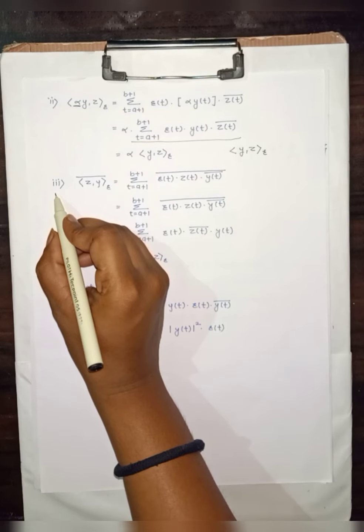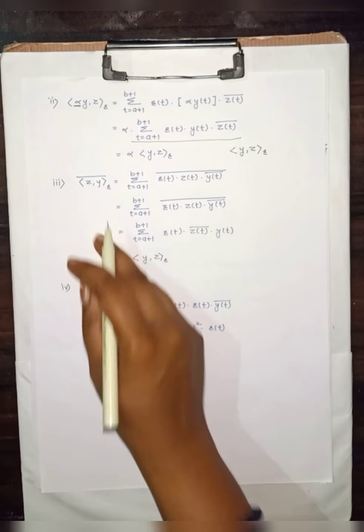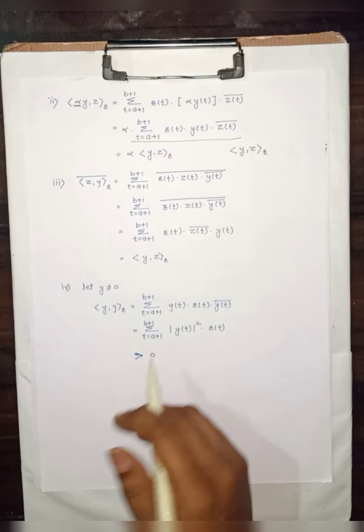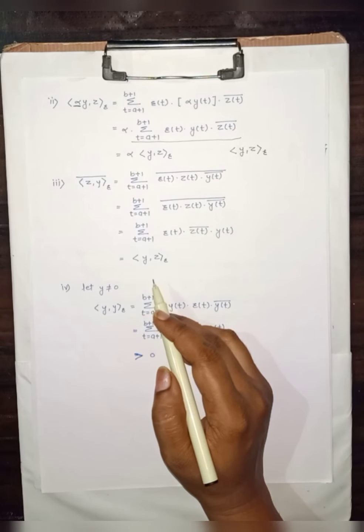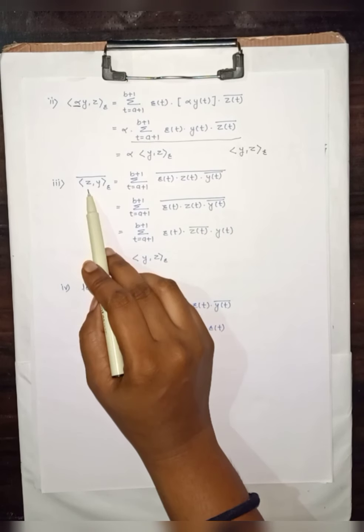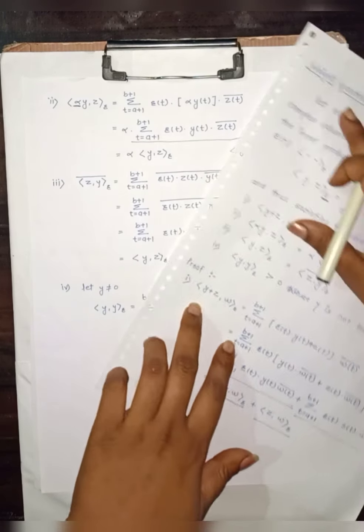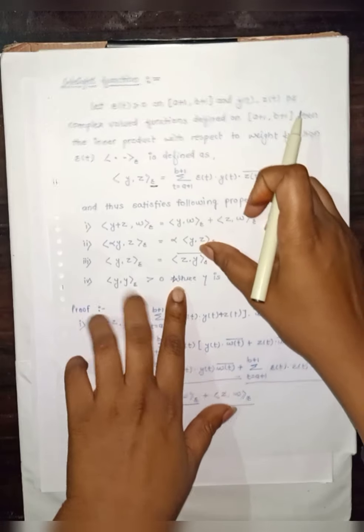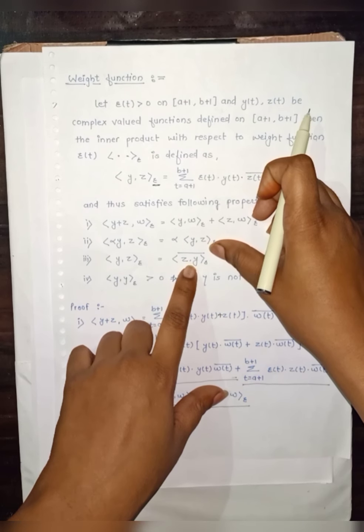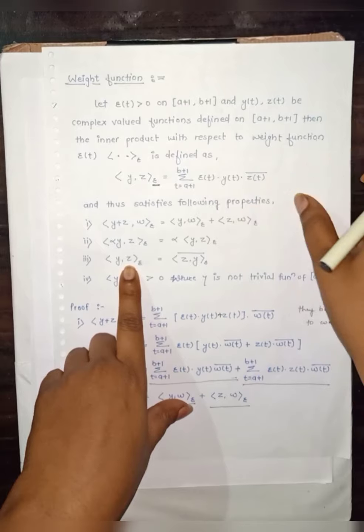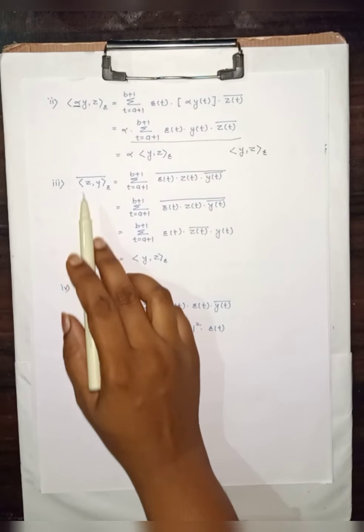Now moving to third property. So similarly as we have proven in the last theorem, we have taken the right hand side and we will prove the left hand side. You can see here, this is the right hand side of the property. We will take this and prove this one. So let's start.